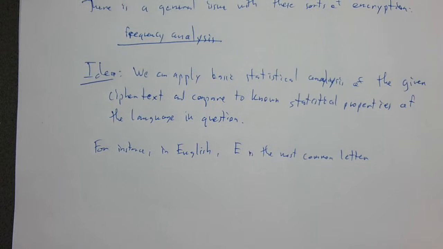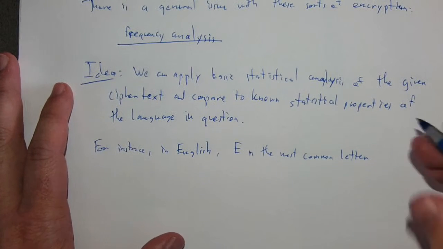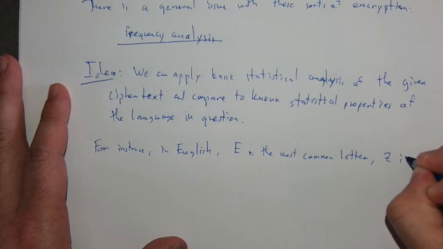I could construct a sentence that had very strange structure and had a bunch of Z's and not very many E's. I could do that. But in general, if you just take a random sample sentence, E is going to be the most common letter that shows up. Z is the least common.